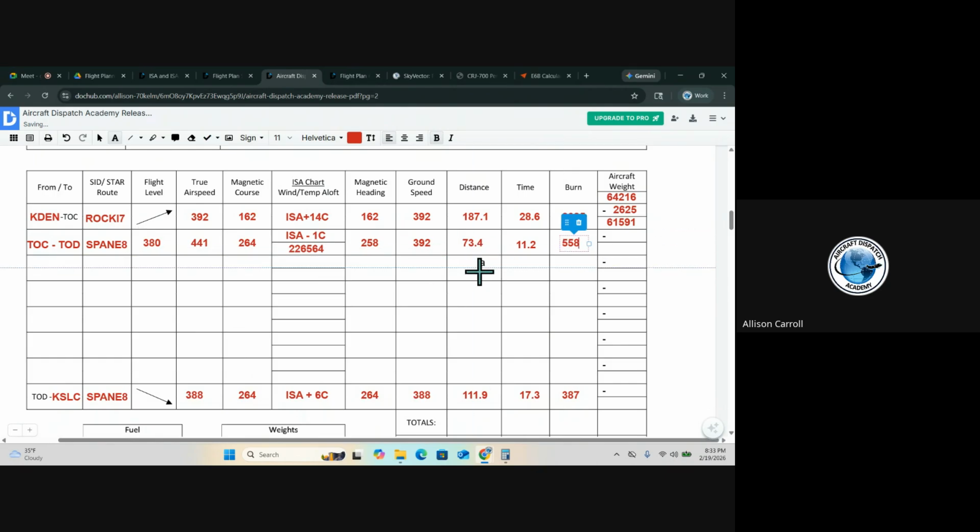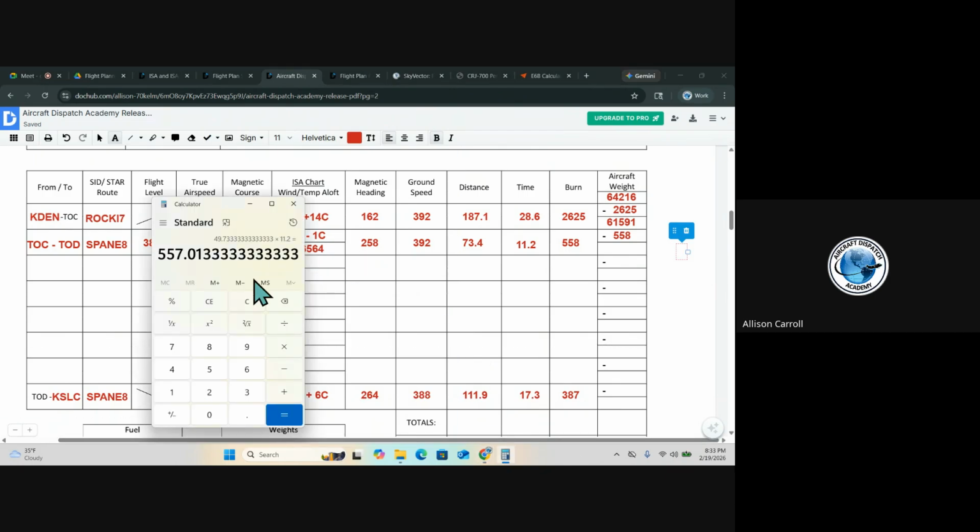To go 73.4 miles, it's going to burn 558 pounds. Okay. All right, I'm going to subtract that 558 and get an updated weight. 61,033.